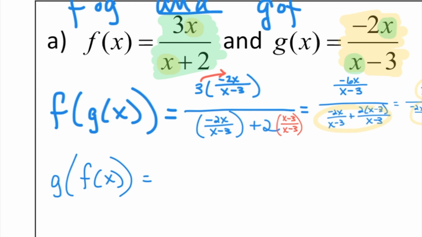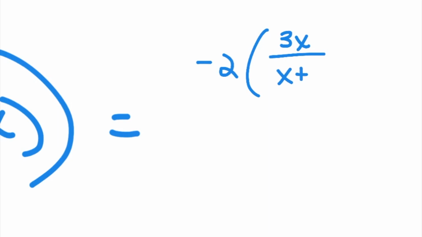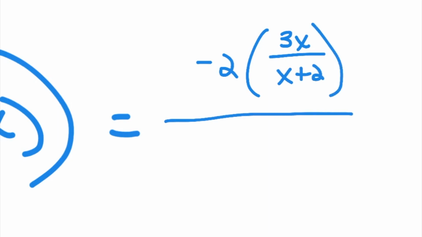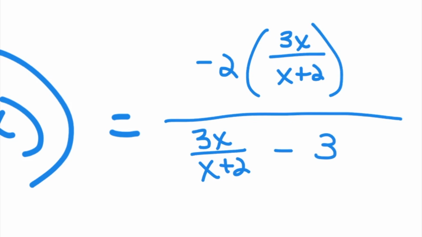So what I'll get there is, in the numerator, negative 2 times that fraction 3x over x plus 2, and then the denominator will be that same fraction 3x over x plus 2, and then minus 3.